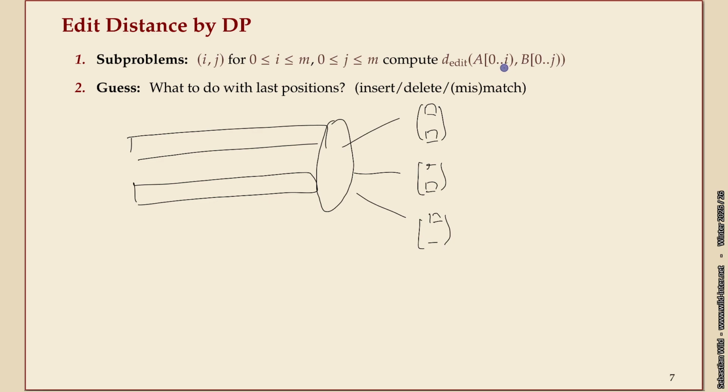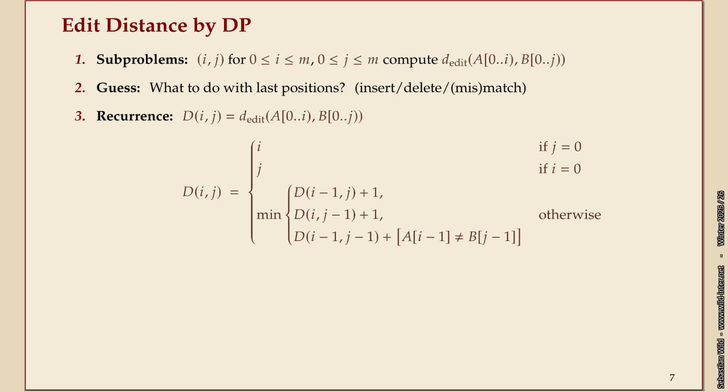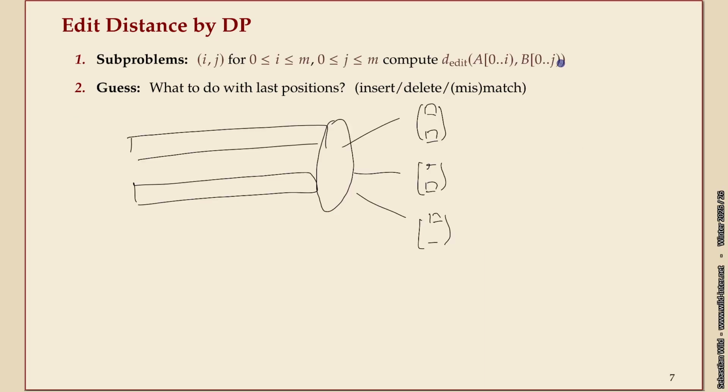Any positions in the range of the strings give you a certain prefix, and these are all our subproblems. The guess, as I said, is what the last column of the alignment looks like. And I guess at this point, we can also say the original problem is for i equals n and j equals m. That solves our original problem because then I've taken the whole strings.